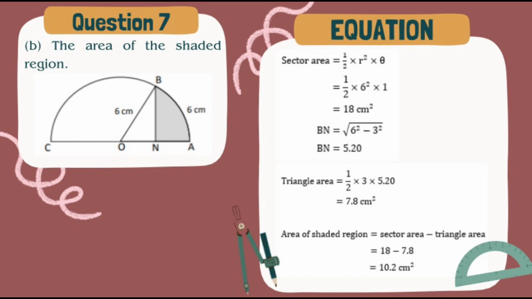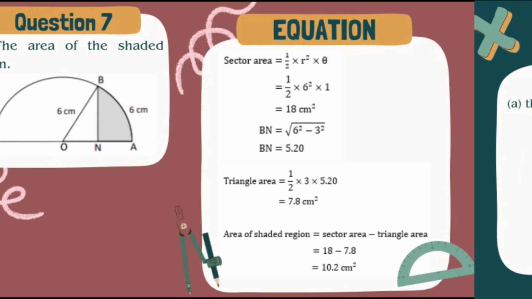The triangle area is 1 divided by 2 times 3 times 5.20 equal to 7.8. To find the shaded area, it is sector area minus triangle area. So that means 18 minus 7.8 equal to 10.2.